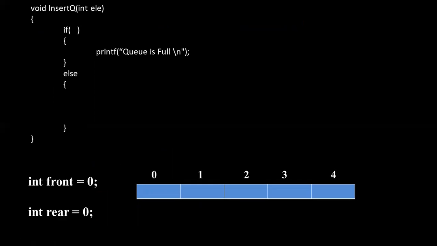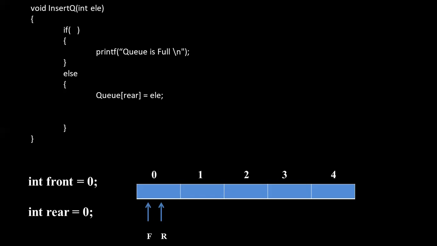Because in the algorithm, it is clearly specified that insertion can be done by using only the rear variable. So here, whatever element we insert is stored in queue of rear. Because front and rear are both equal to 0 and they are pointing to the first location.